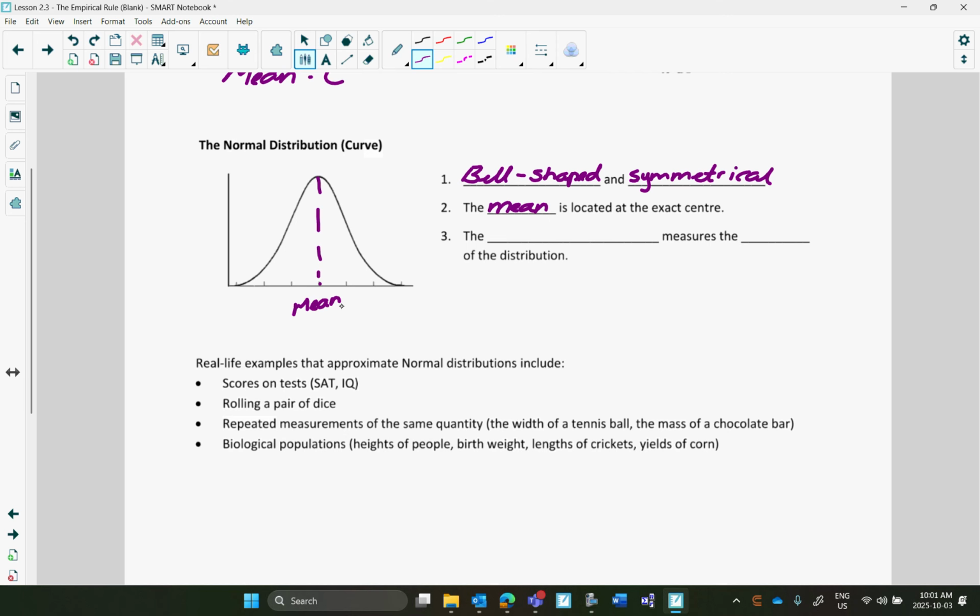And the standard deviation, which we'll find out in a second how to find on a normal distribution, measures how spread out the data is.